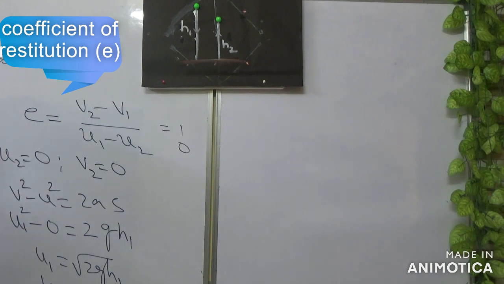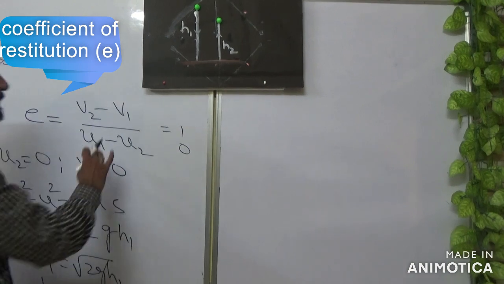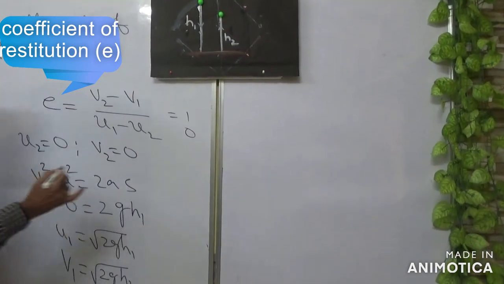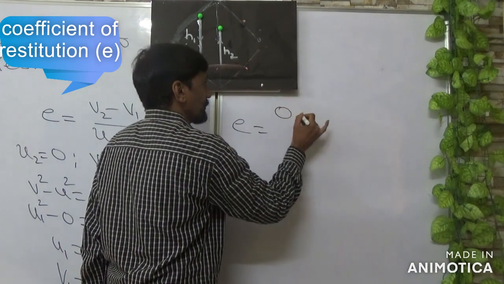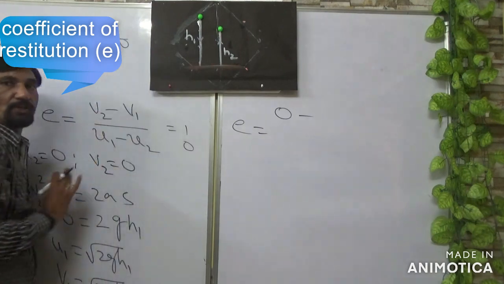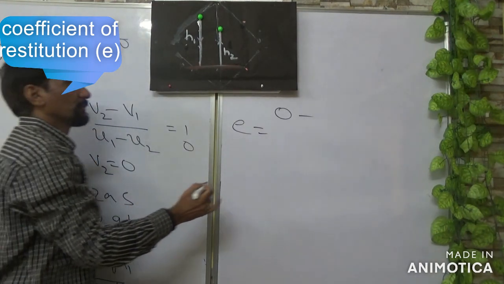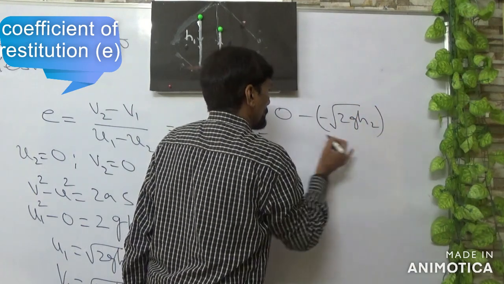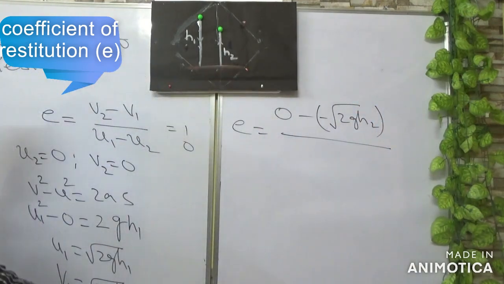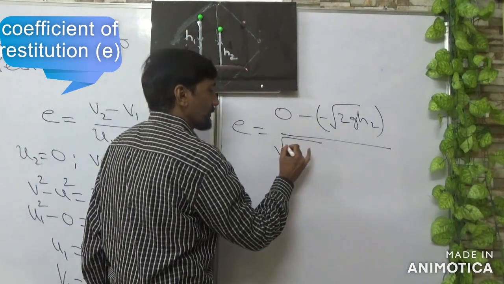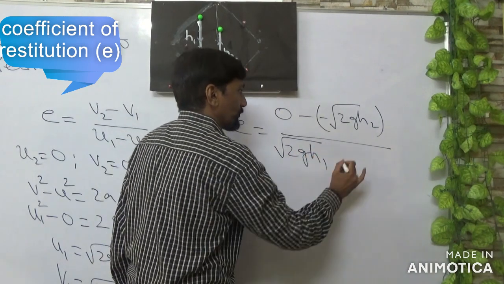Now u1 and v1 are known, and u2 and v2 are also known, so substitute in the formula. v2 is 0, minus v1. It is moving in the opposite direction, so we take the minus sign, divided by u1, the starting velocity of the first body, root 2g h1 minus 0.